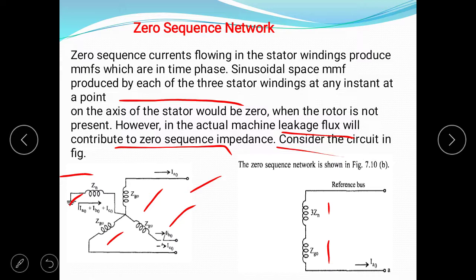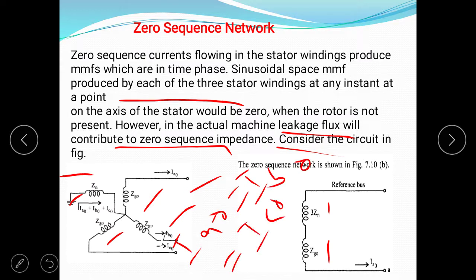But we know that IA0 is equal to IB0 equal to IC0. So IN is 3 times IA0, due to which we represent the neutral impedance as 3Zn. So this is the representation of the sequence network for a transmission line, transformer and synchronous machine.